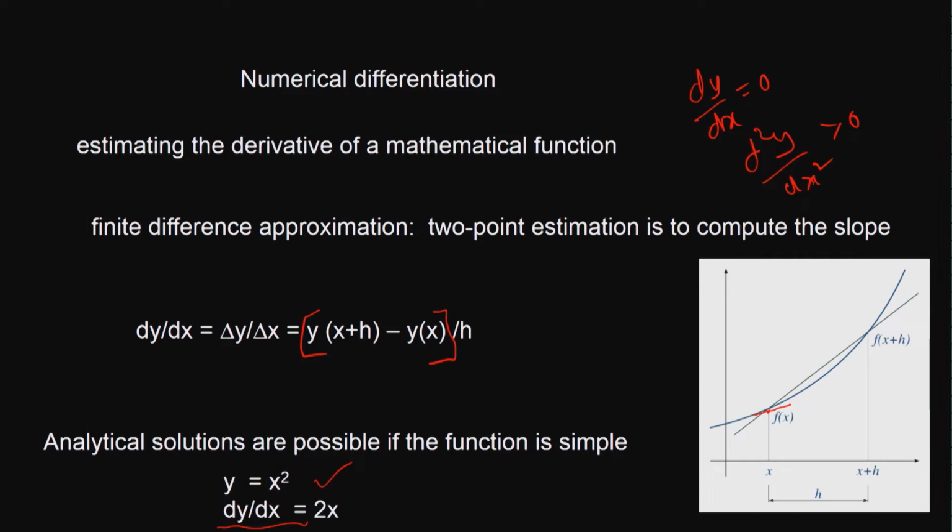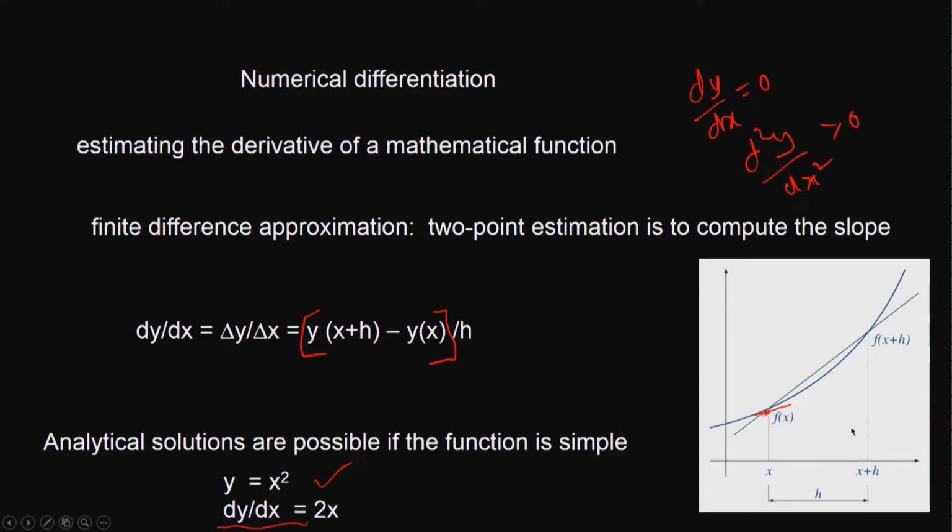As you can see here, you are approximating the slope at this place by taking the function at x plus h and calculating the function at f(x), subtracting and then dividing by the distance h. This is called the finite difference method. This is called the forward method.